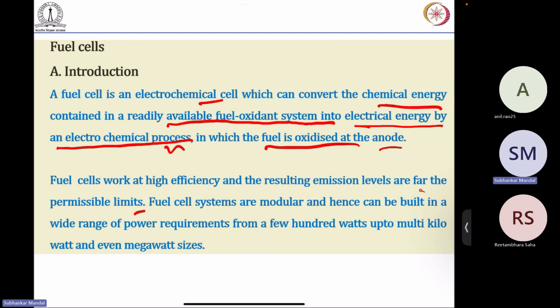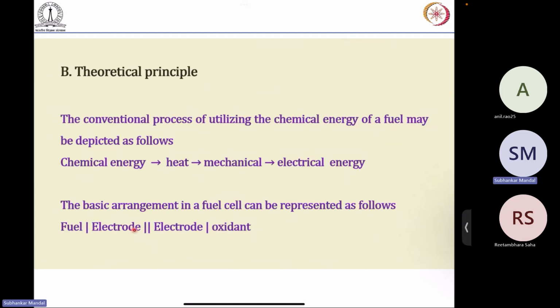So fuel cells are modular, and hence they can be built for a wide range of power requirements, from a few hundred watts up to multi-kilowatts or even megawatt size. Okay, this is the theoretical aspect.